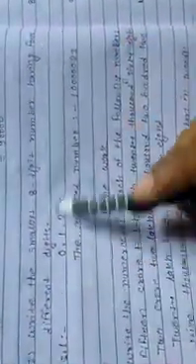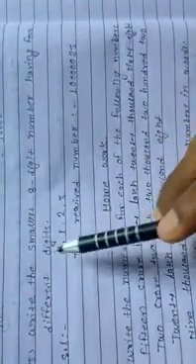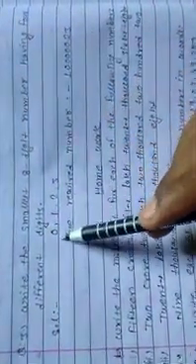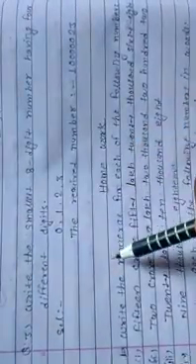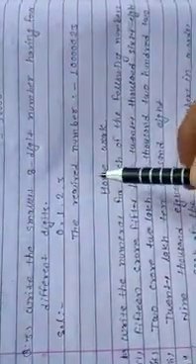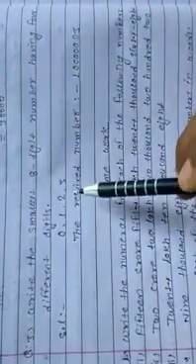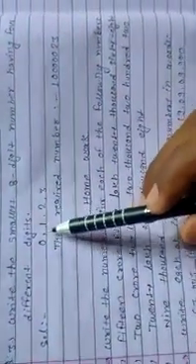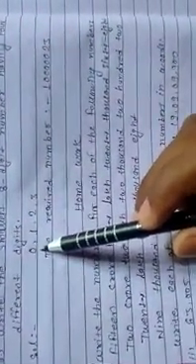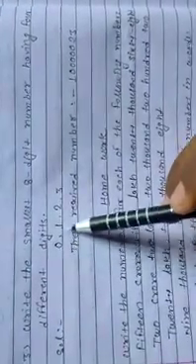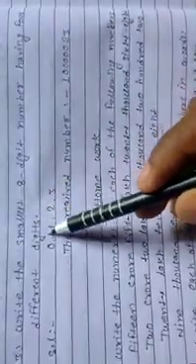Now write the smallest 8-digit number having 4 different digits. That is, we have to write the smallest 8-digit number with the given 4 digits 0, 1, 2 and 3. In case of the smallest, we will start with 1. If we start with 0, then the number will not be an 8-digit number.